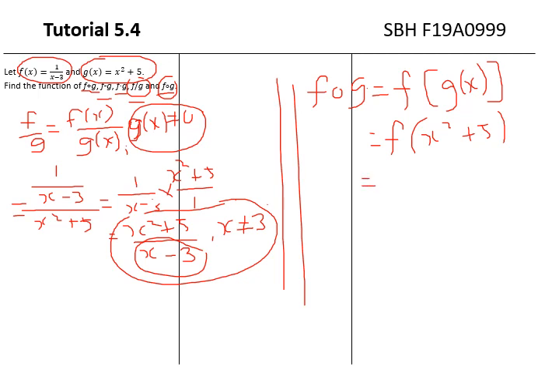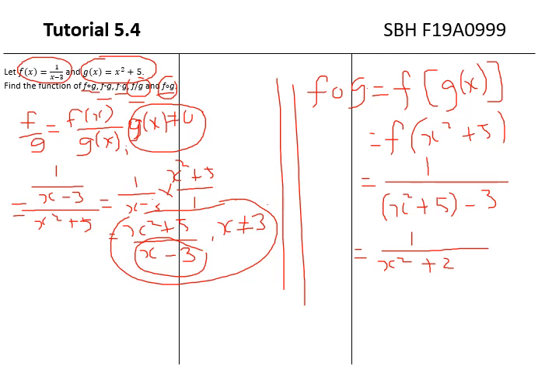This equals 1 over x squared plus 5 minus 3, so equals 1 over x squared plus 2.